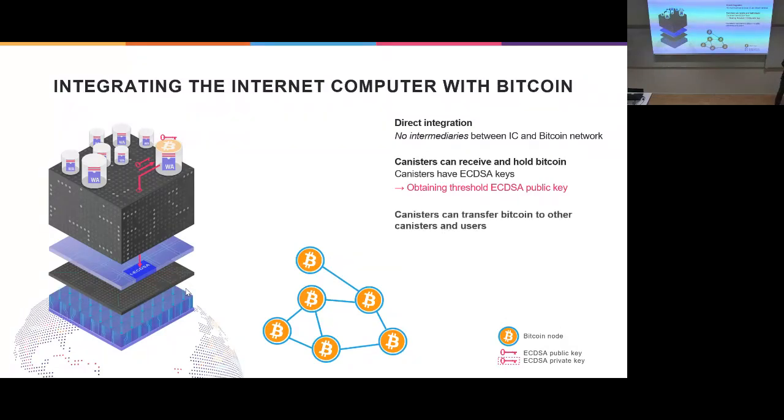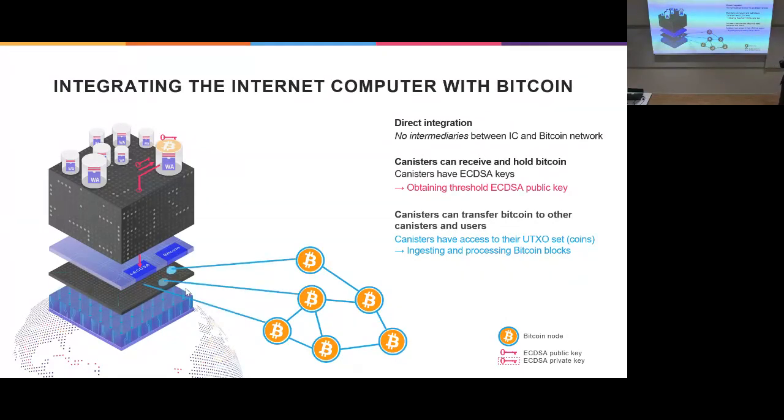So the second challenge: canisters can now transfer Bitcoin out. This requires a couple of things. First of all, we need to get the UTXOs that the canister holds. How do we do that? We build another extension to the protocol stack, this Bitcoin extension here. And then we need to do the following. We need to get Bitcoin blocks into the Internet Computer somehow.